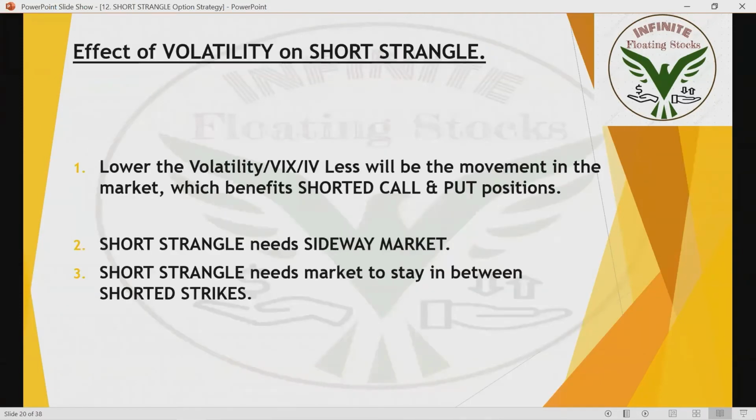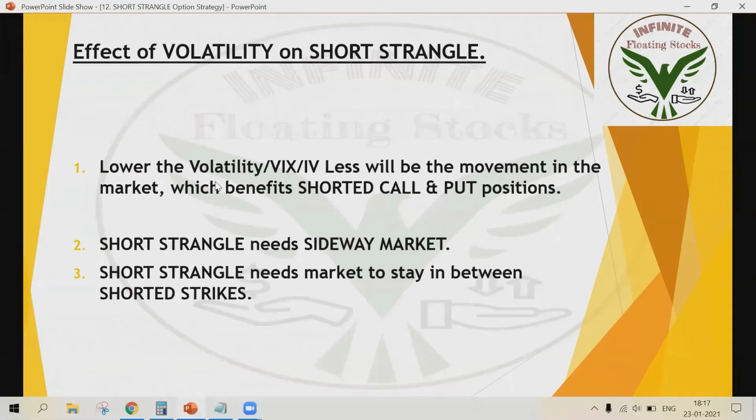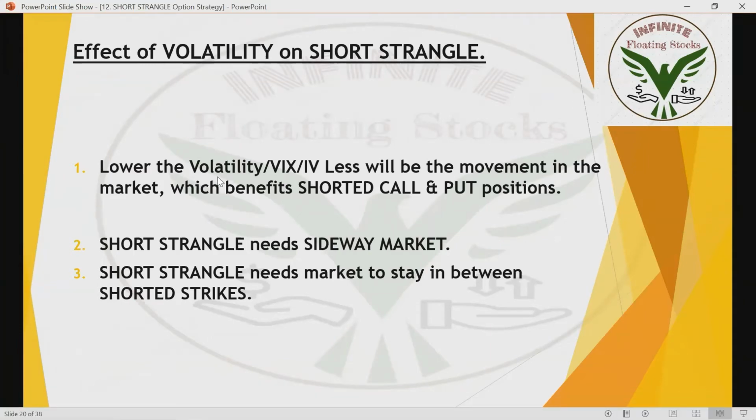Now, effect of volatility. You already know volatility, India VIX should be less than 24 or 25. Okay. Remember that point. So lower the volatility or VIX or IV, less will be the movement in the market. Volatility is nothing but it tells about the speed with which the market can move. So lesser the volatility, lesser the VIX, less will be the movement in the market, which benefits shorted call and shorted put positions.